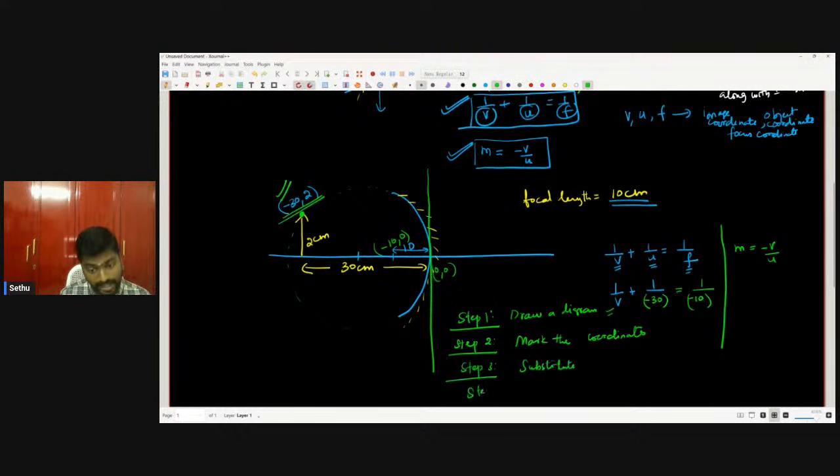Step 4 is crucial, especially in boards, check. Okay, 4 steps for solving optics problem. That's all. Draw a diagram, mark the coordinates, substitute the value. Remember that you are substituting coordinates here in all of these equations. Calculate and then check. Now I'll elaborate what I mean by check, then we will jump into problem solving.